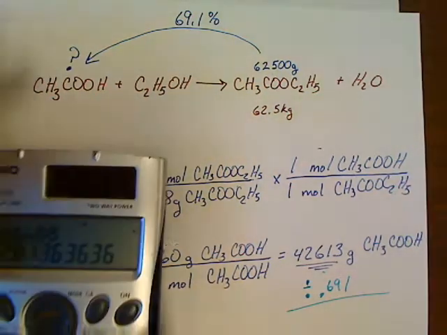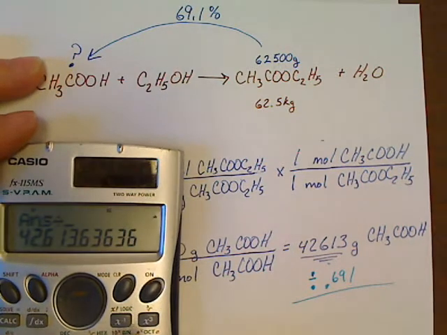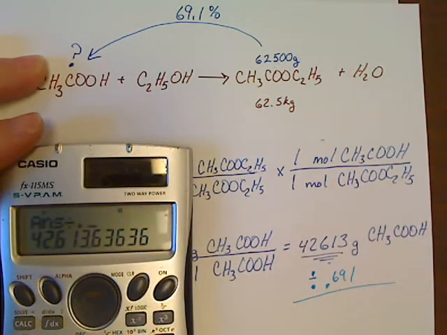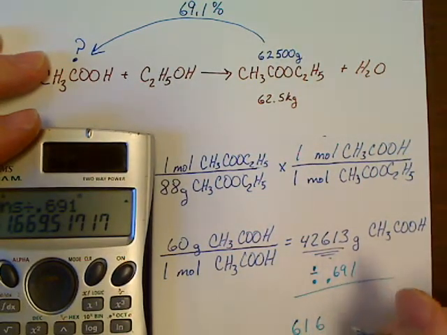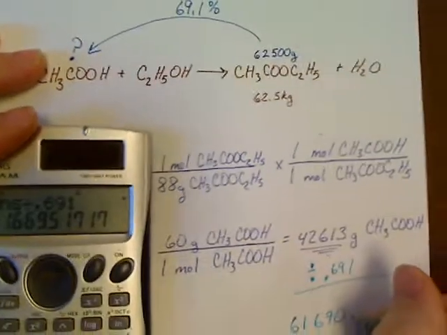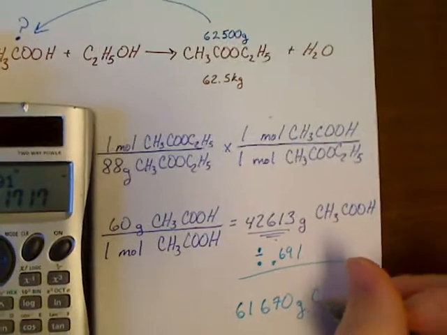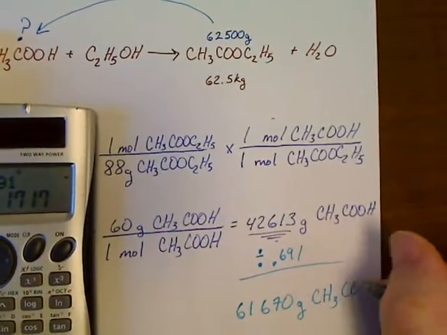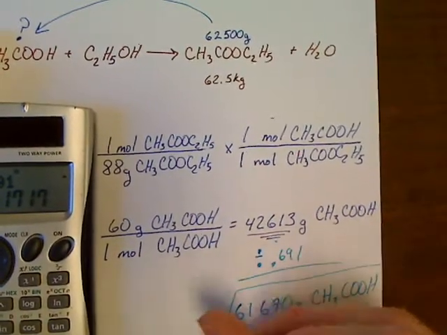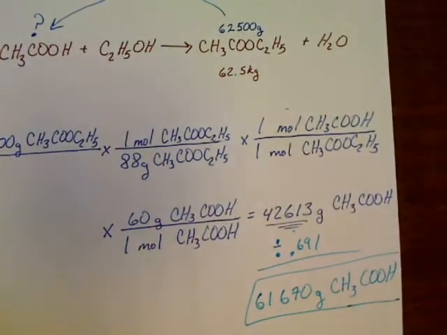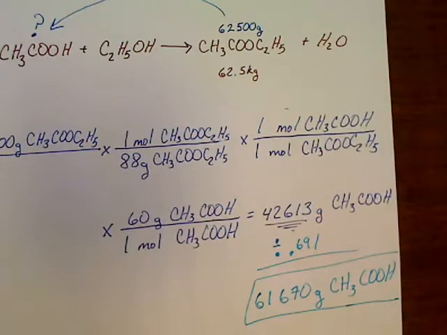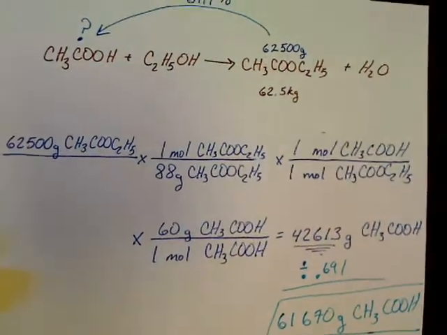And so I'll take it in my calculator, divided by 0.691 equals 61,670 grams, basically, of CH3COOH. That's why I put my box around there as my answer to this one. And that is all she wrote to getting this problem done.